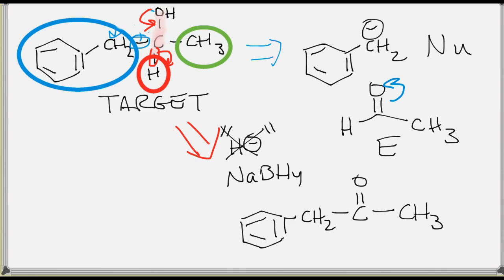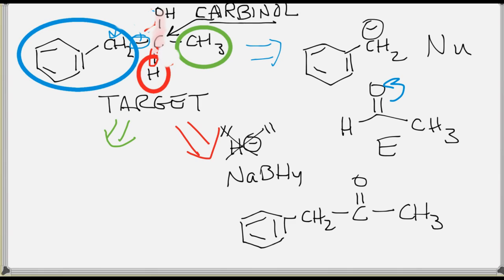So the last disconnection we'll do is the green one, and it's because we have 3 different groups attached to that. I'm going to spell it out. This is the carbonyl carbon right there. Because we have 3 different groups, the blue, the red, and the green, we have 3 perfectly good retrosynthetic disconnections. So what does the green one look like? Well, let's see.